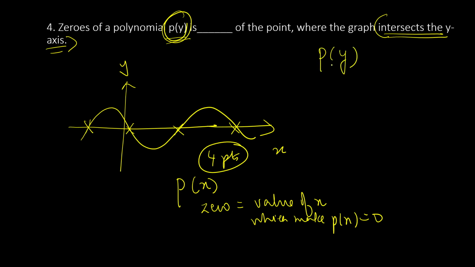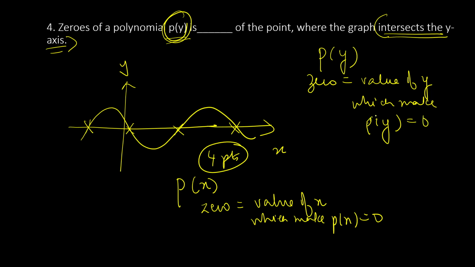For p of y, the 0 of the polynomial would be value of y, which makes the p of y value 0. So to find the value of y which makes the value of p of y 0, you would need to check where the graph intersects the y-axis. And this coordinate over here would give you the 0 of the polynomial p of y.